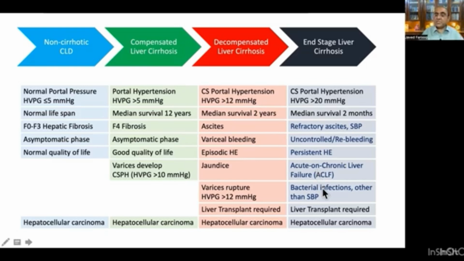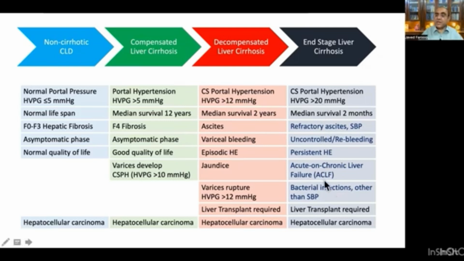The other complications characterized in end stage liver cirrhosis are bacterial infections other than SBP. So the liver transplant is required here, and again, hepatocellular carcinoma, when it is advanced, makes this patient end-stage liver cirrhosis.